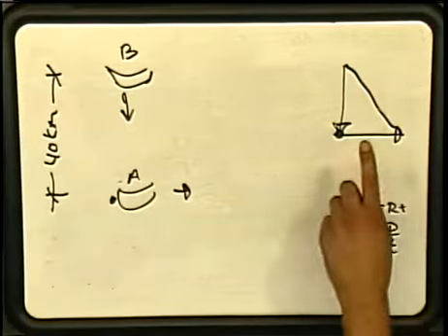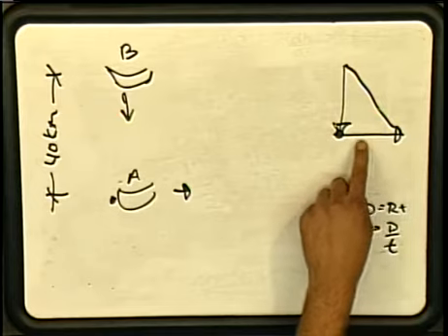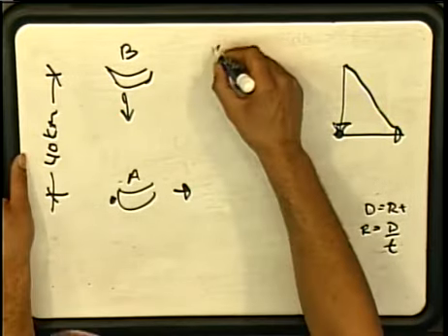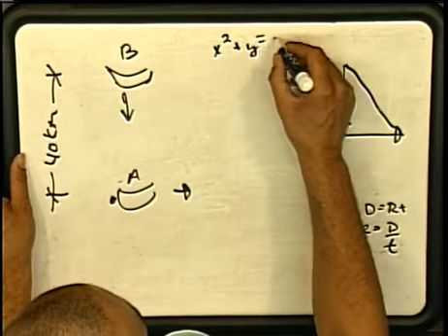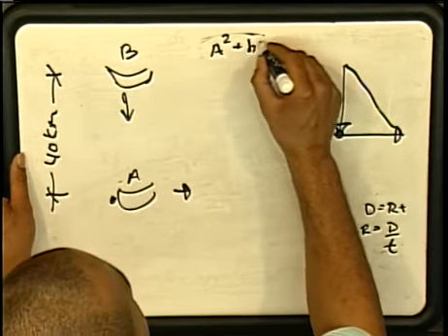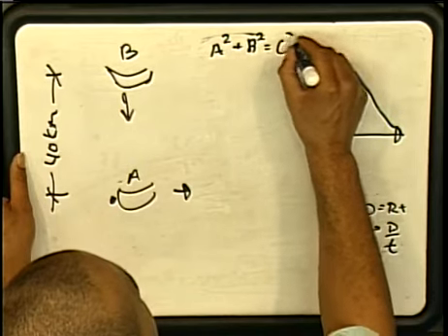So you've got a right triangle. That's the Pythagorean Theorem: a squared plus b squared equals c squared.